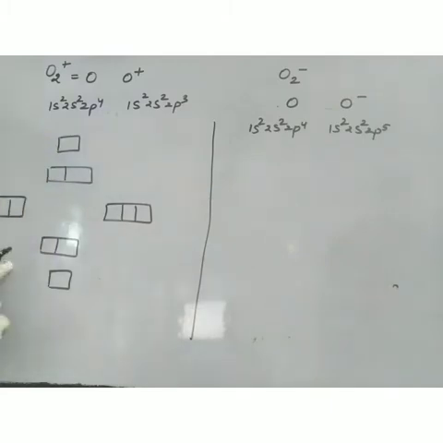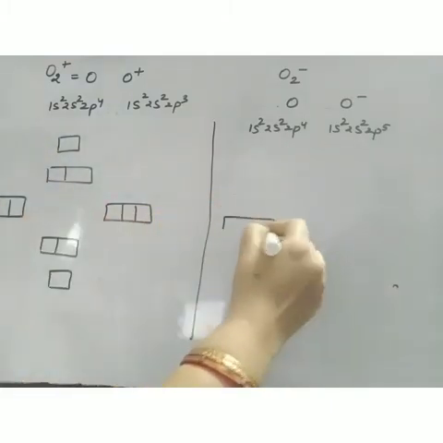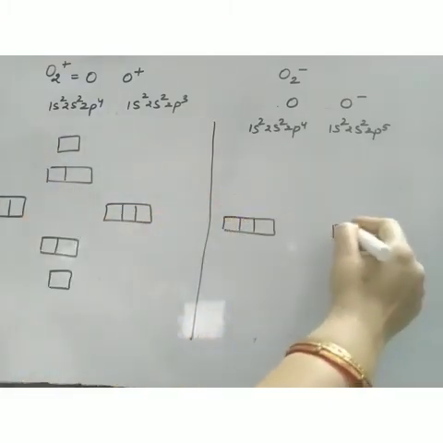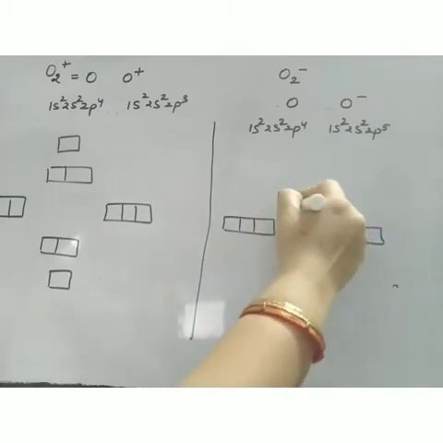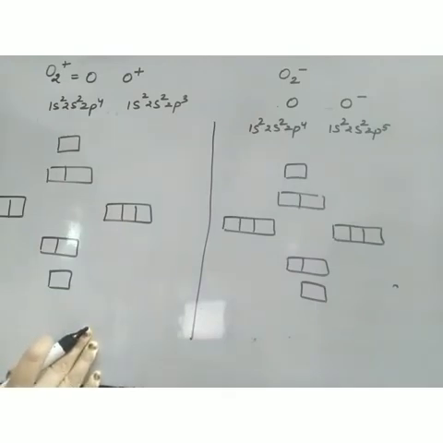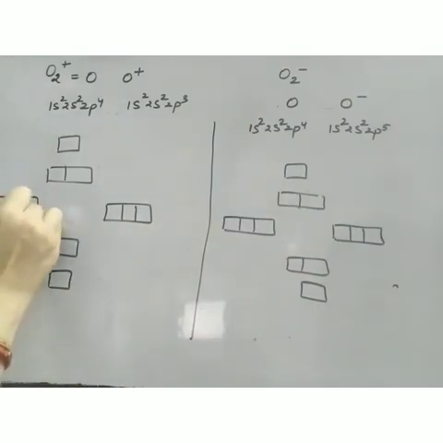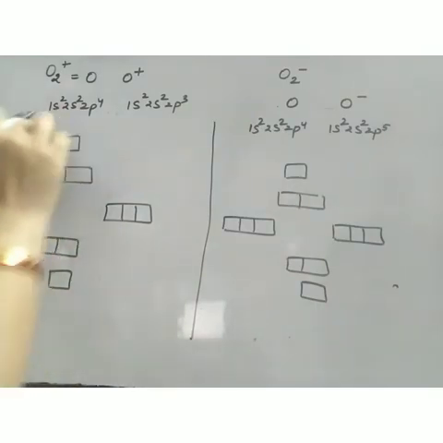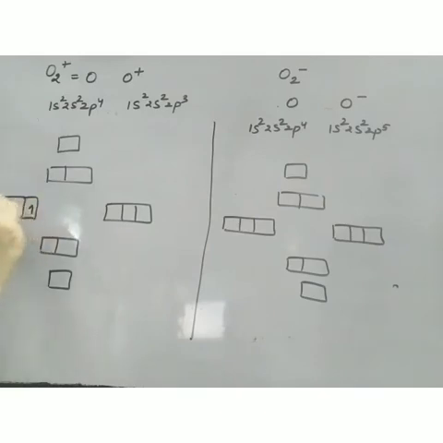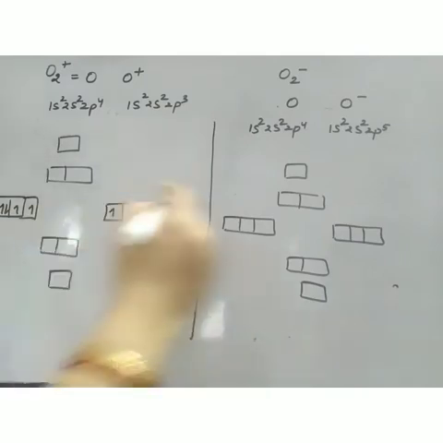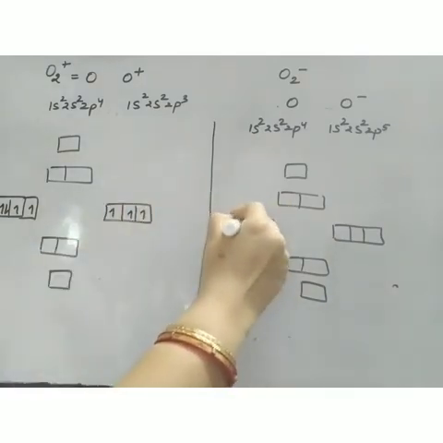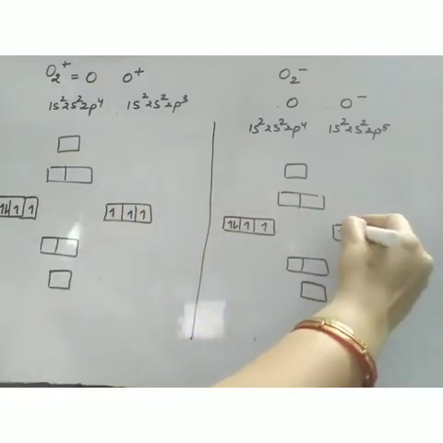This is for this. Now 2p4 and 2p3, total 7 are there. Here 2p4 and 2p5, total 9 are there.